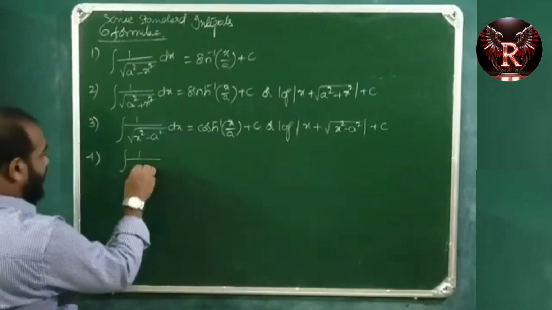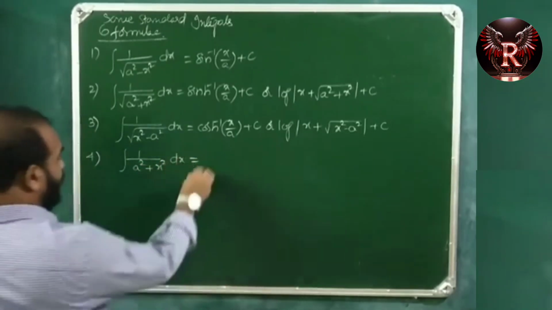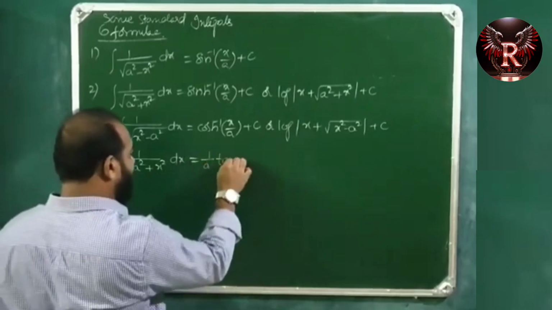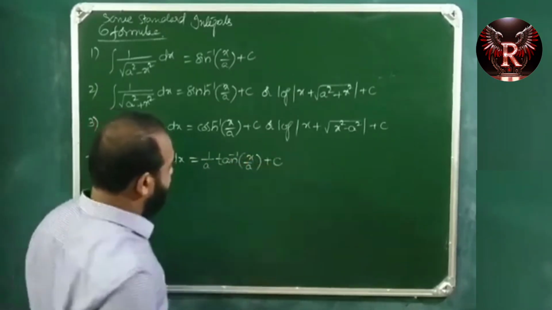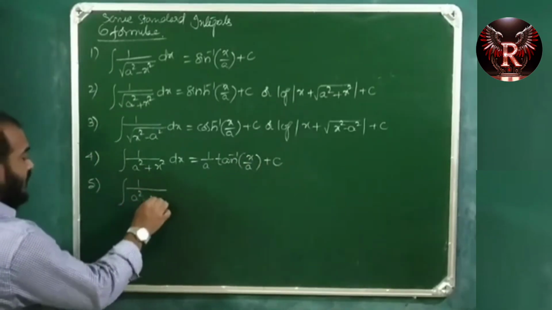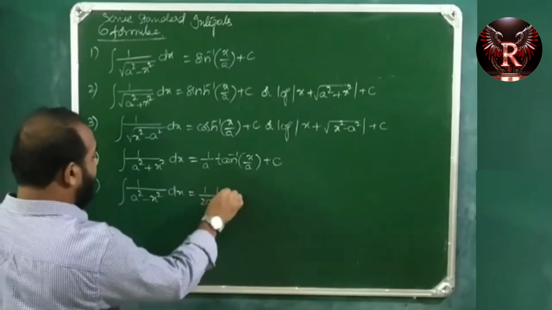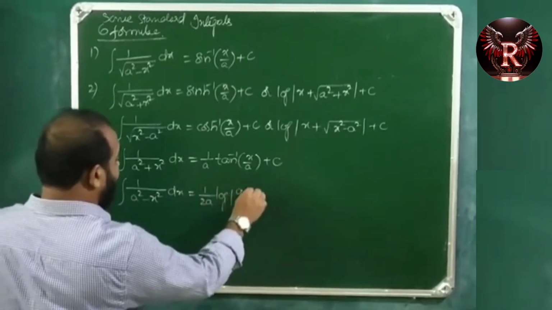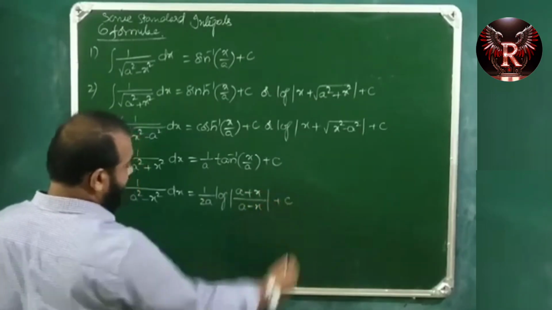Integral 1 by a square plus x square dx is equal to 1 by a tan inverse x by a plus constant of integration c. Integral 1 by a square minus x square dx is 1 by 2a log of a plus x by a minus x plus constant of integration c.